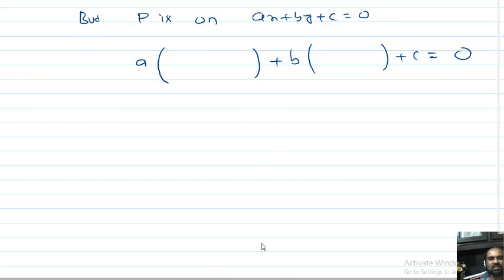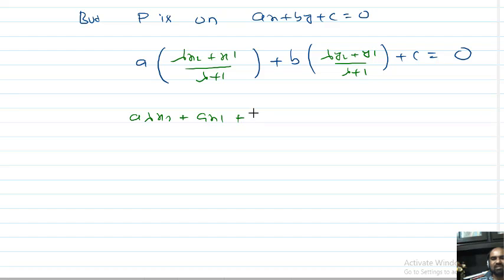Instead of that I can write a times (lambda x2 + x1)/(lambda + 1) plus b times (lambda y2 + y1)/(lambda + 1) plus c equal to 0. Our intention is to find the lambda value, no? So taking the LCM of lambda plus 1: a lambda x2 + a x1 + b lambda y2 + b y1 + c lambda + c = 0.